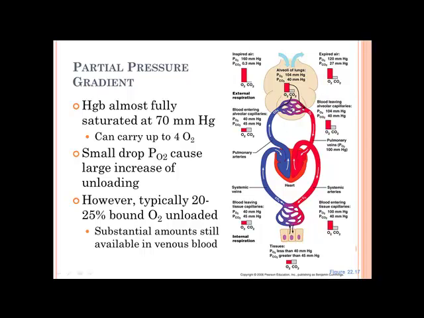So here, let's check out this chart. This is my lung. When I bring air into the lung from the outside world, partial pressure of oxygen is going to be 104. Partial pressure of carbon dioxide is going to be 40. 104 is a relatively high number for partial pressure of oxygen. 40 is a relatively low number for partial pressure of carbon dioxide. So the blood coming into the alveoli will have a partial pressure of oxygen of 40 and a partial pressure of carbon dioxide of 45.